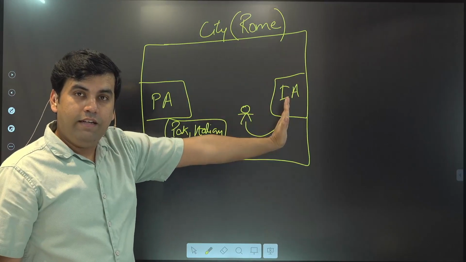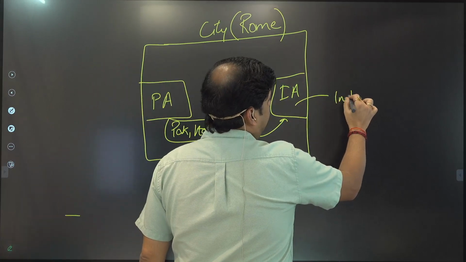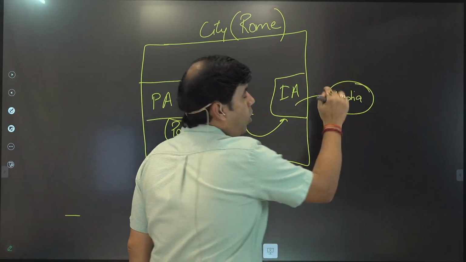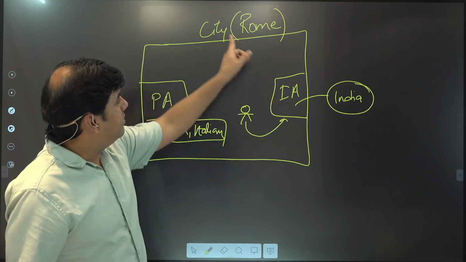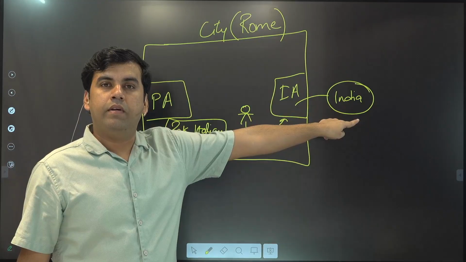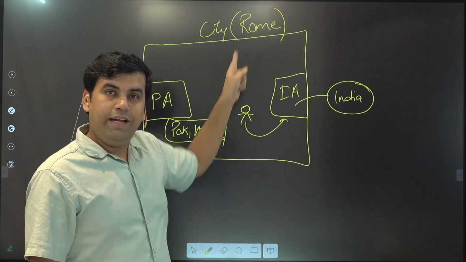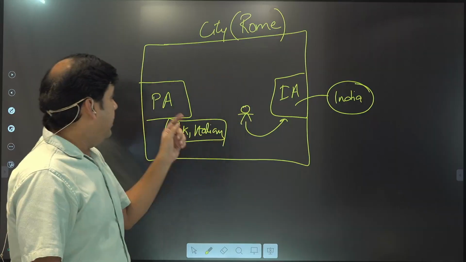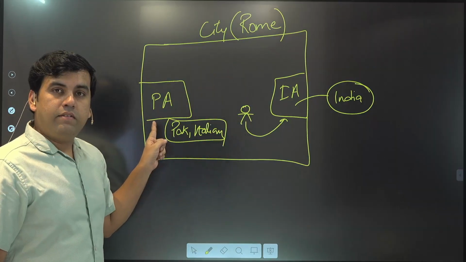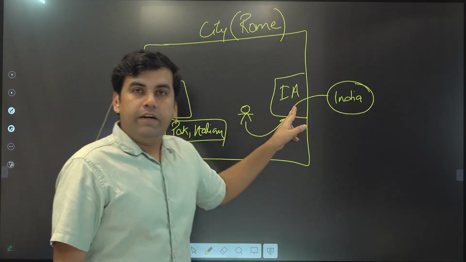Do you think he's in Italy? No, he's in India. This area is considered to be India. Although this area is inside Rome, it is considered to be India. Outside this boundary you have Roman territory. Similarly, the area under the Pakistani embassy is Pakistan. This is India.